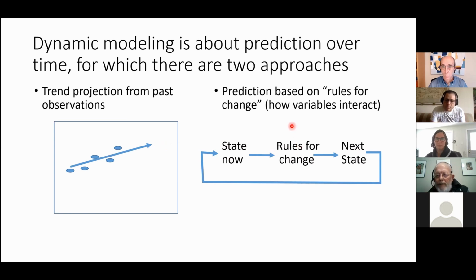So every dynamic model that you'll see has this same structure. It has the current state, rules for how state affects change, short prediction, circle back and do that again.